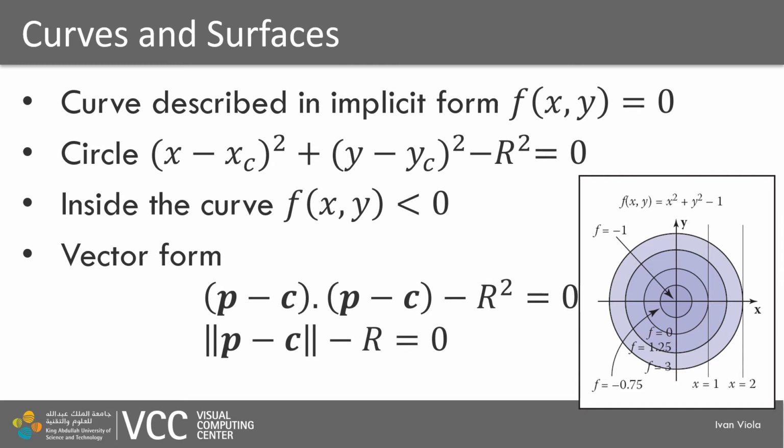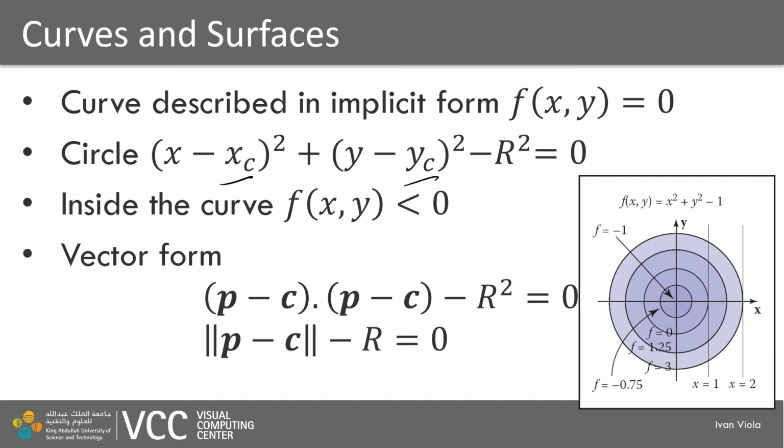A circle can be defined by an implicit equation, by points which are at a certain distance from an origin. The origin here will be defined by the xc and yc values, so that's the center of the circle.